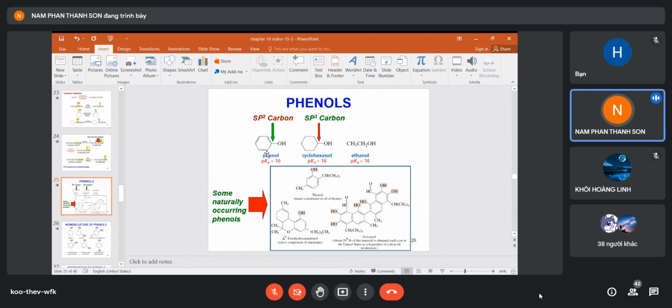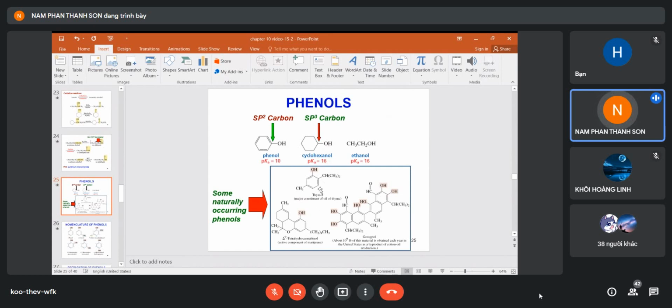And which ring is aromatic? You know it already. Remember, in the midterm exam, there are some questions asking you which structure is aromatic, which structure is not. So phenol is also the name of a family.